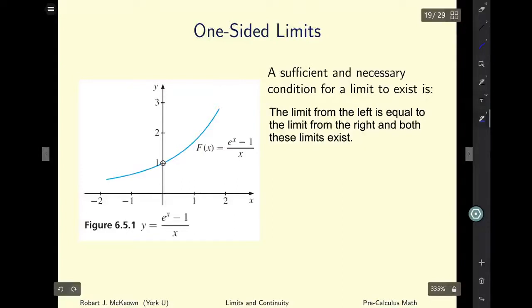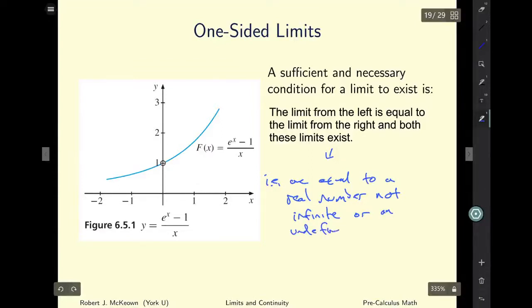And what do I mean by exist? I mean i.e. are equal to a real number, not infinity or an undefined value.